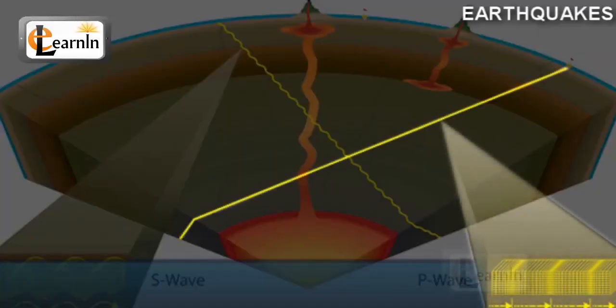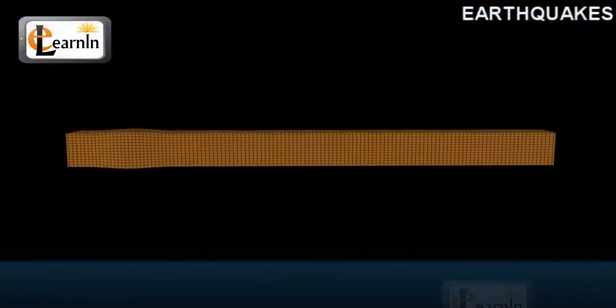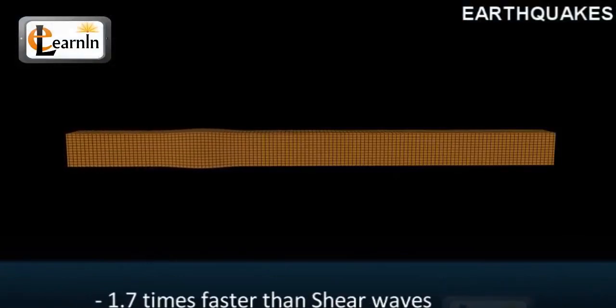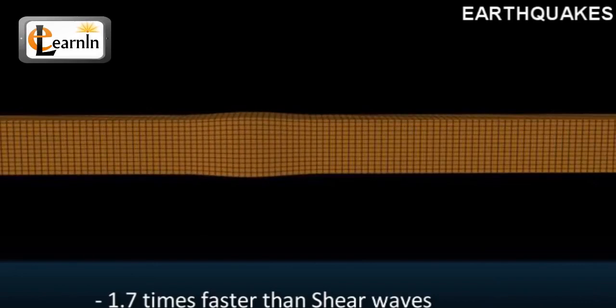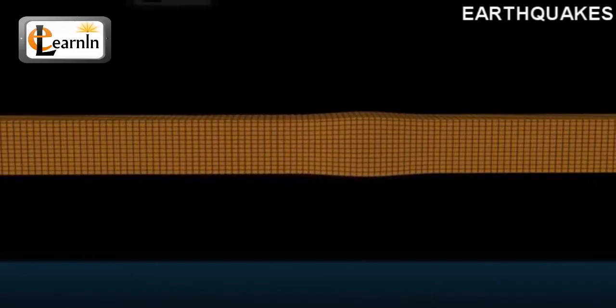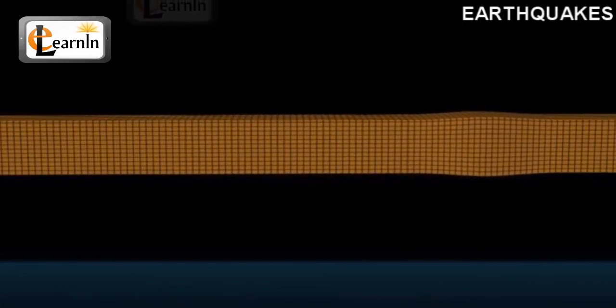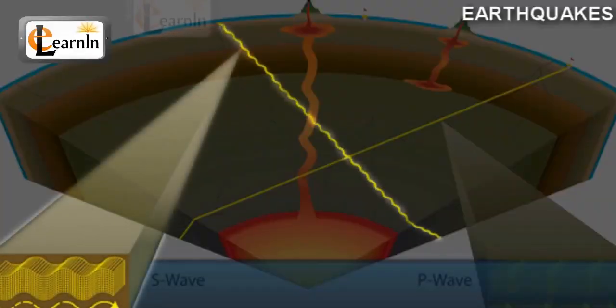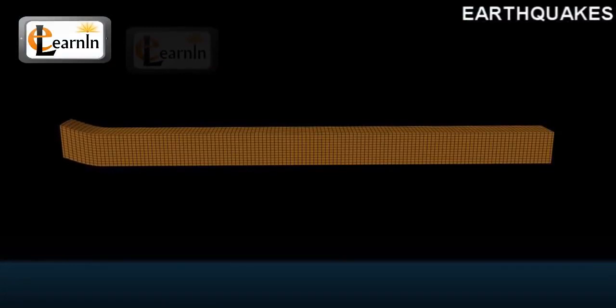The compressional waves are the first to reach the earthquake recording station as they travel 1.7 times faster than the shear waves and are therefore called primary or P waves, while the shear waves are called secondary or S waves.